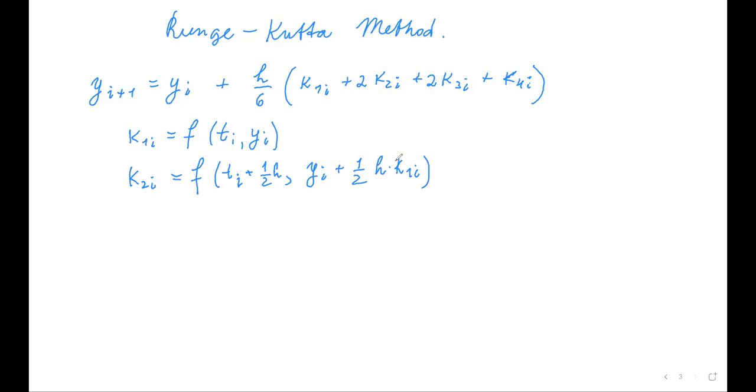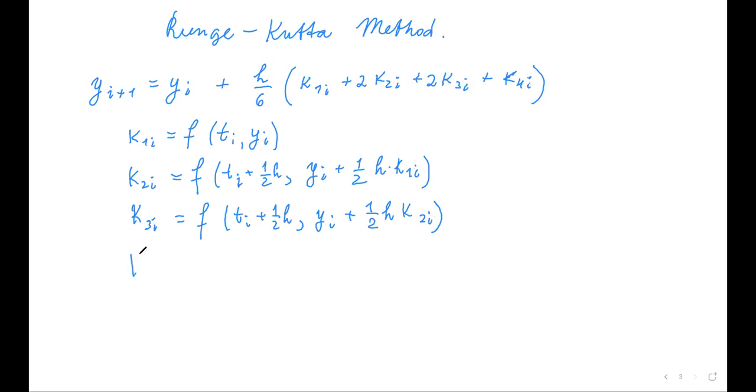Well, that's just a function, right? So that's the function multiplied by a step, but because we are estimating it in the middle, we're doing like half of this prediction. So normally the full step is going to give me a step by a function, but half is going to give me a half. K3i is going to be f of ti plus 1 over 2h, again, similar way yi, and I'm going to use my next k, like my better approximation in the middle, k2i.